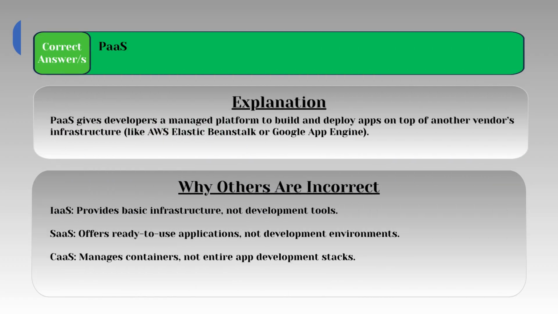Explanation: PaaS gives developers a managed platform to build and deploy apps on top of another vendor's infrastructure like AWS Elastic Beanstalk or Google App Engine. Why others are incorrect: IaaS provides basic infrastructure, not development tools. SaaS offers ready-to-use applications, not development environments. CaaS manages containers, not entire app development stacks.